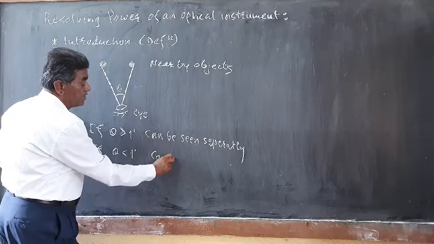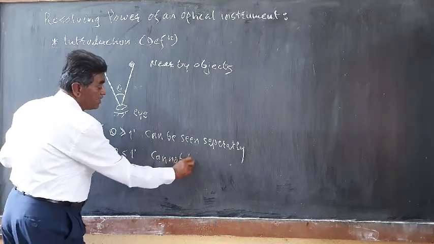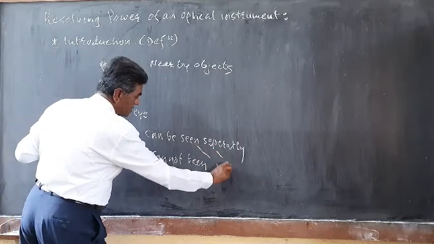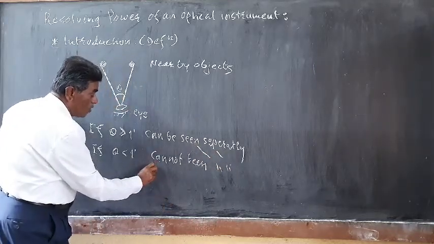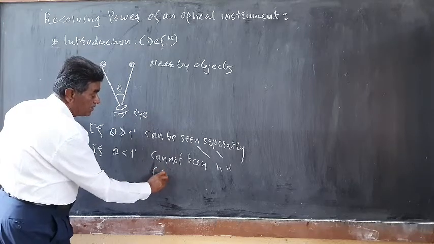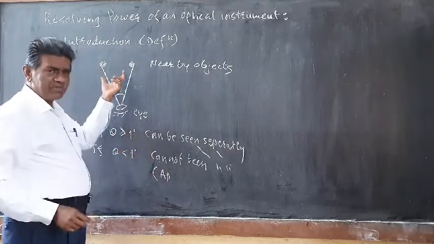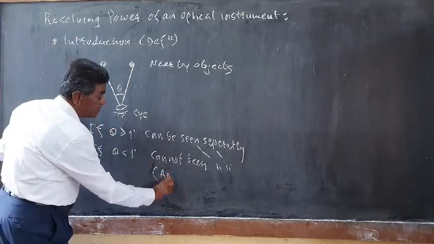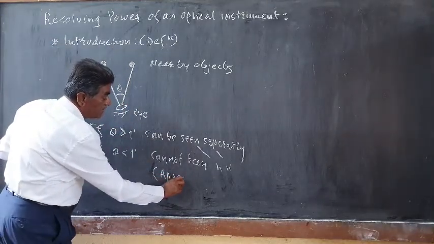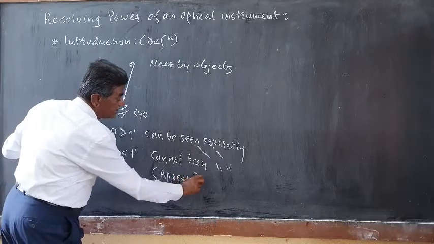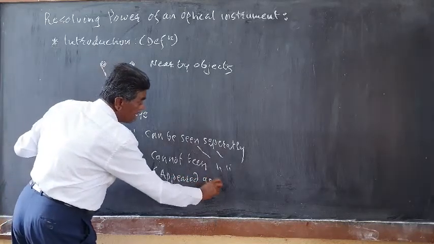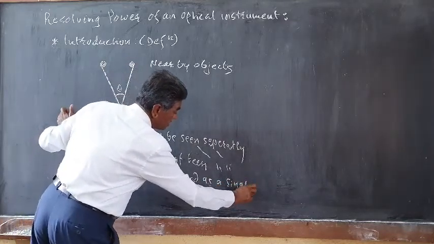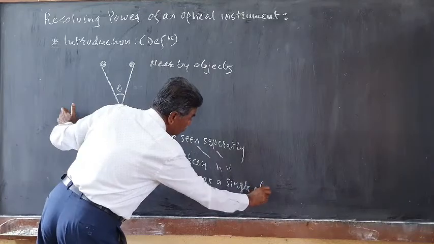There are two nearby objects, but our eye cannot detect that; they appear as a single object. There are two objects, but we cannot distinguish them.